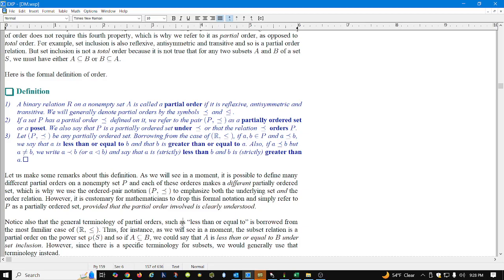Okay. So if I said, let's consider the partial order of set inclusion, let P be a partially ordered set, you would know I'm talking about set inclusion. Okay. It's best to stick with the ordered pair notation so there's no confusion.